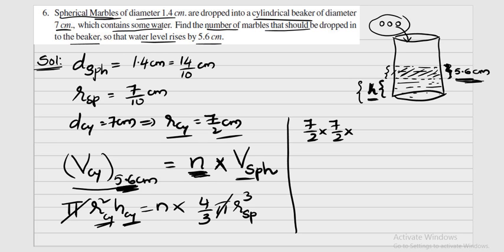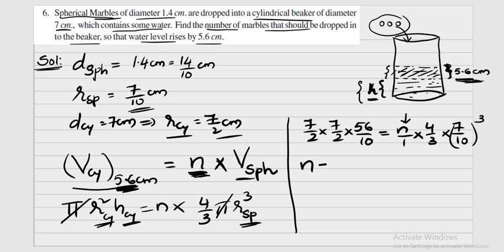This 5.6 I can write as 56/10 for my convenience, right? Is equal to n/1 into 4/3 into the radius of sphere, which we already know is 7/10, so 7/10 whole cube. Now since I need the value of n, I am taking n as the subject and transposing all these things to the other side.